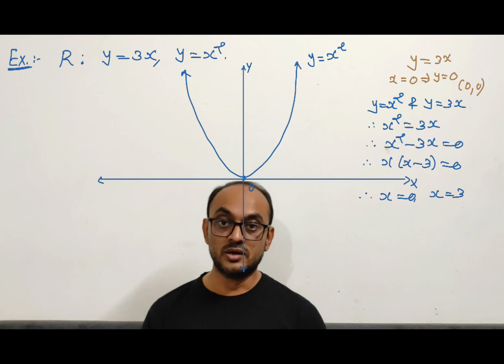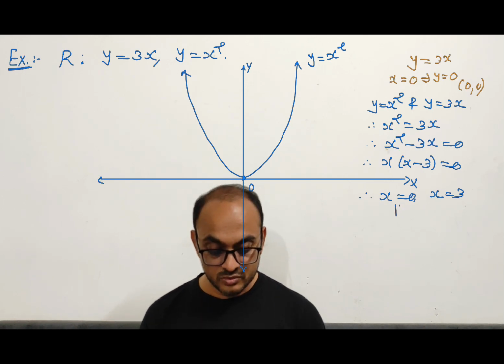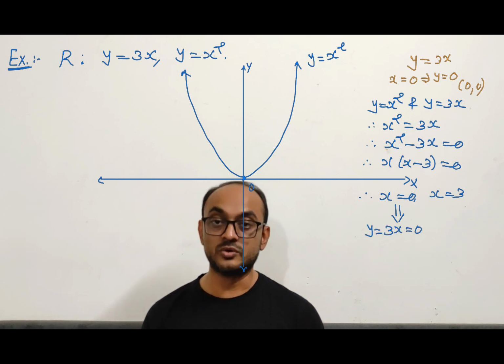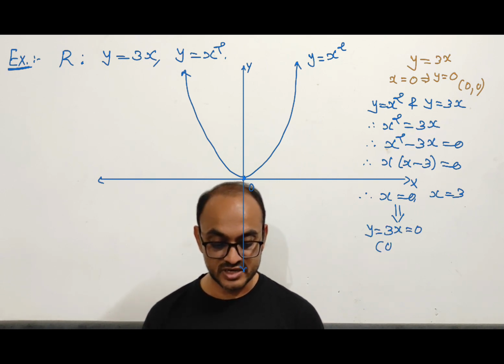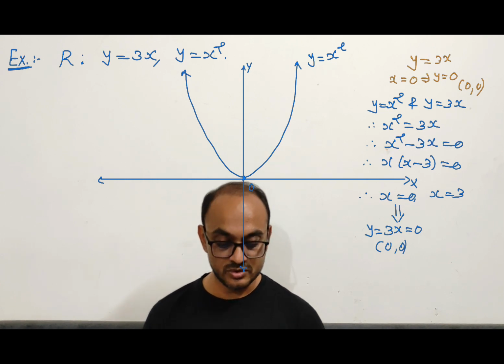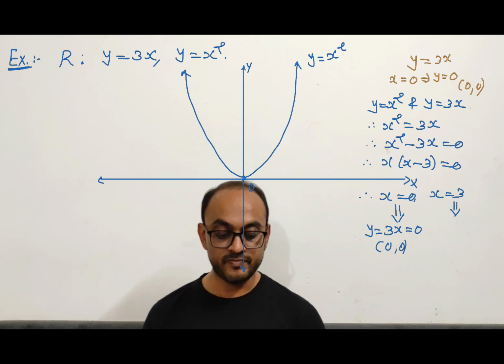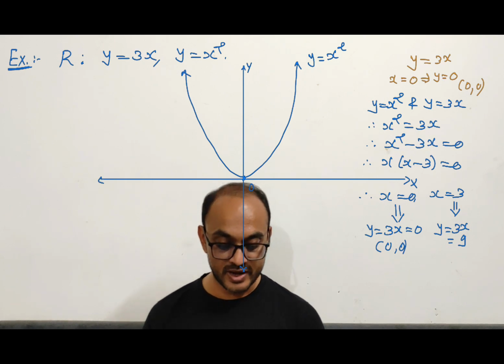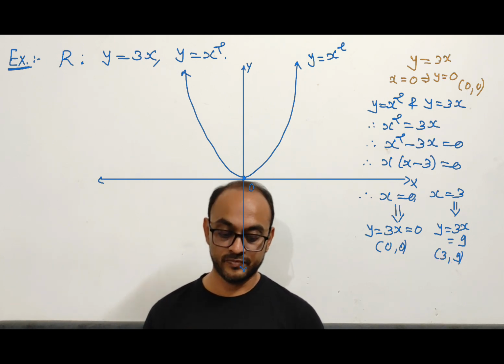When x is equal to 0, since y is equal to 3x, y is equal to 0. So this is the first intersection point, 0, 0. When x is equal to 3, y is equal to 3 into 3, which is 9.